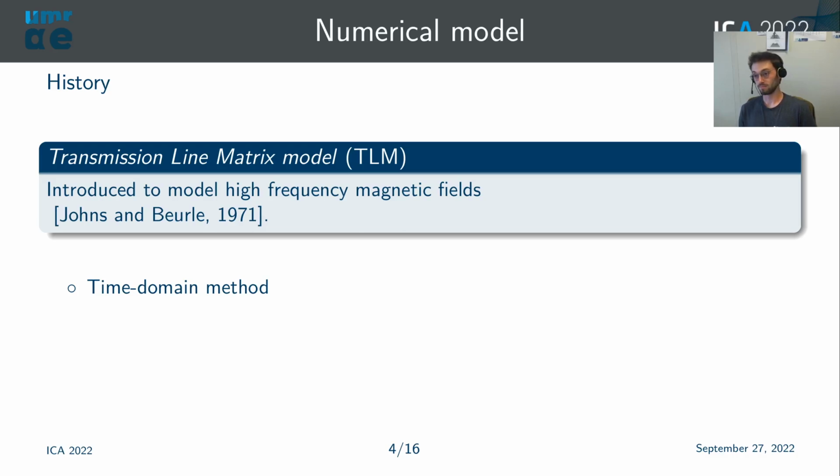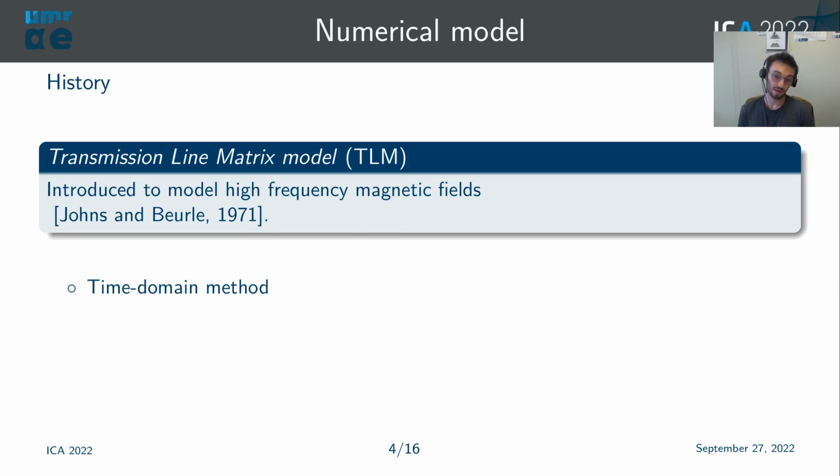In this topic, we use numerical methods to model sound wave propagation, and I'm going to give you some history about the method we use, which is called the transmission line matrix. It was used at the beginning for electromagnetic modelization, as with most acoustics numerical methods.